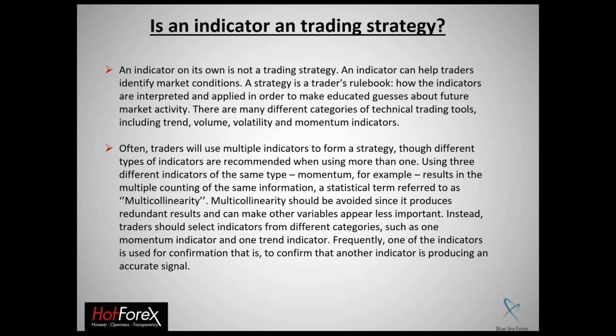This is just a very blunt example. It's not really wise to use multiple indicators of the same type in one single strategy, because essentially you are reading the same data, just in a slightly different visual way, or the formula is just a little bit different, but essentially you're still looking at the same thing.